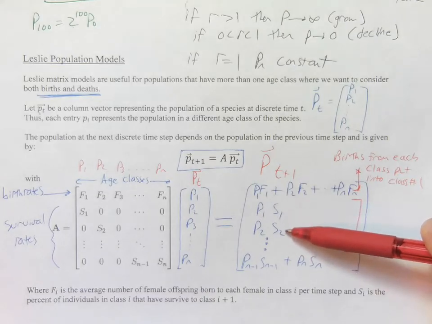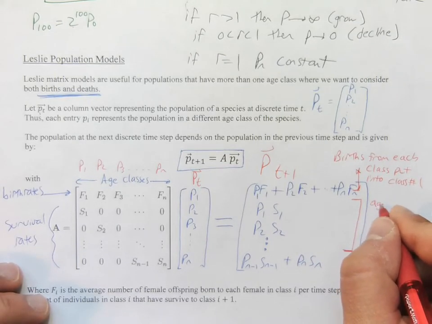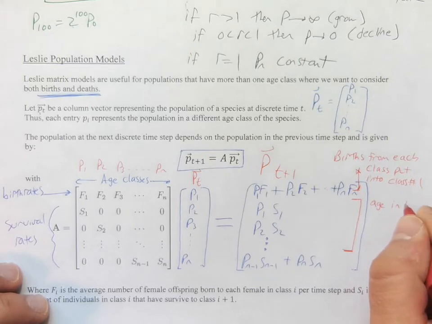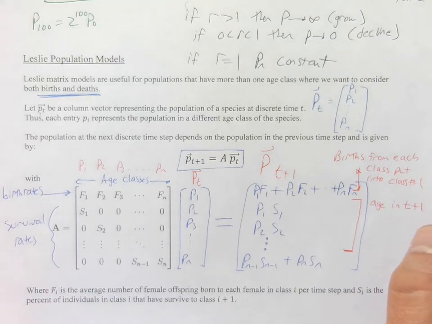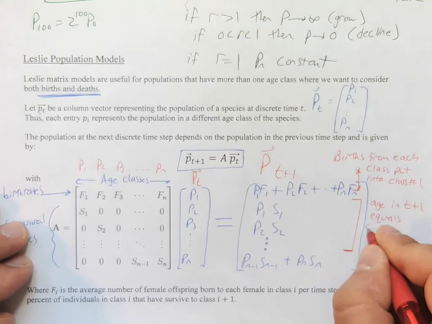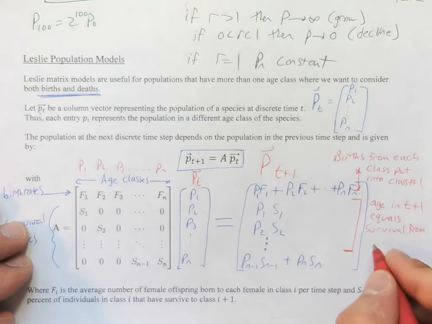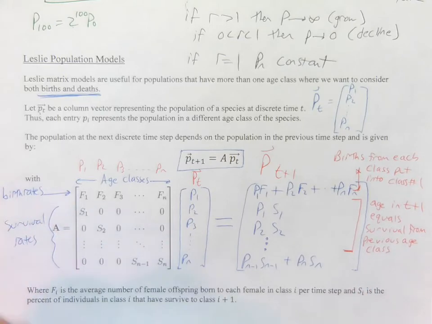If you want to be in age class 3, you need to survive from class 2. And so what these are saying is that the age class at time t+1 equals survival from the previous age class. That's what's going on in those intermediate rows.